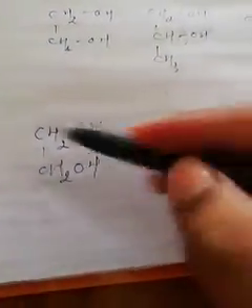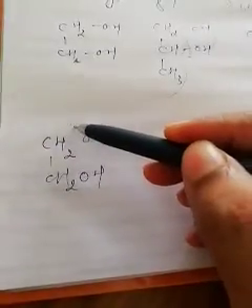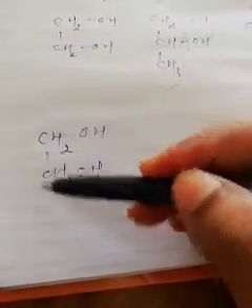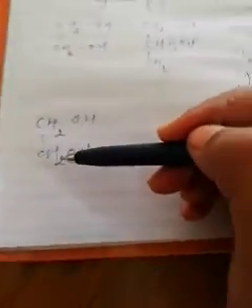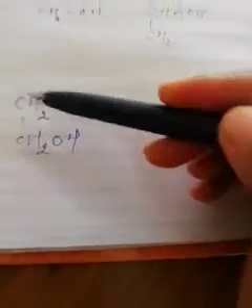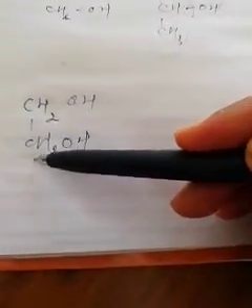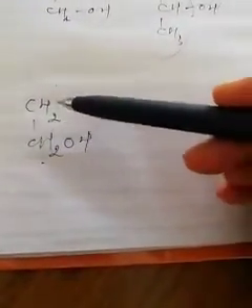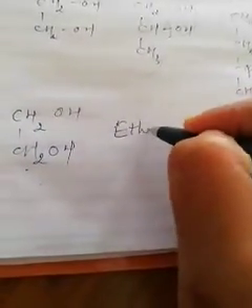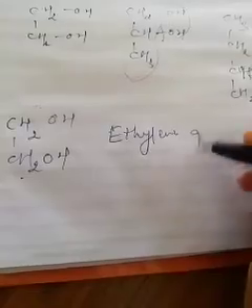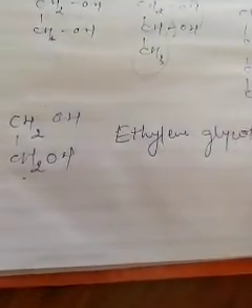As it is ethylene, we take the unsaturated 2 carbon compound, ethylene, and write ethylene followed by the name glycol. So it becomes ethylene glycol. It is a common name.